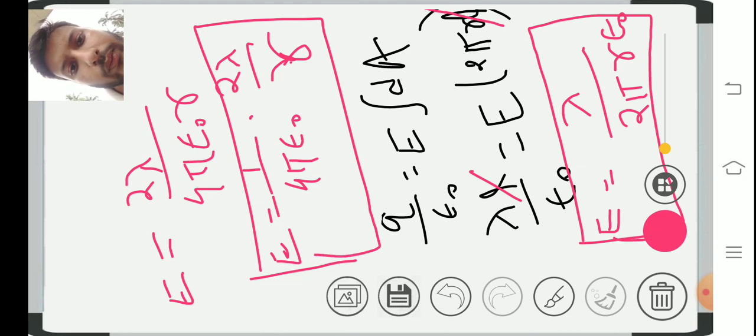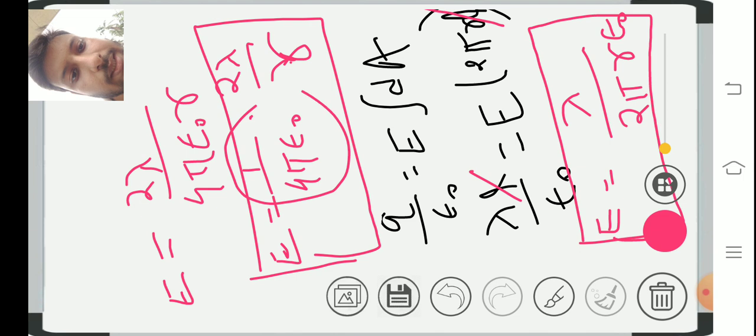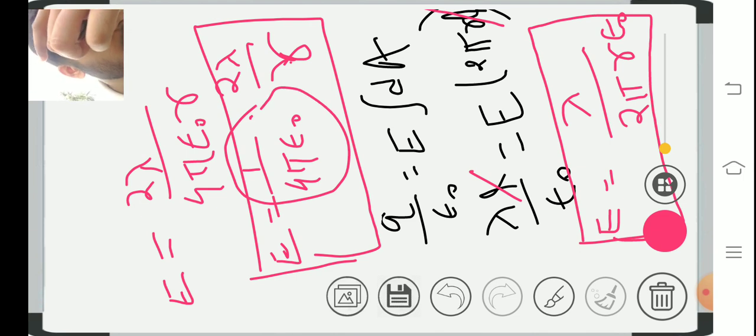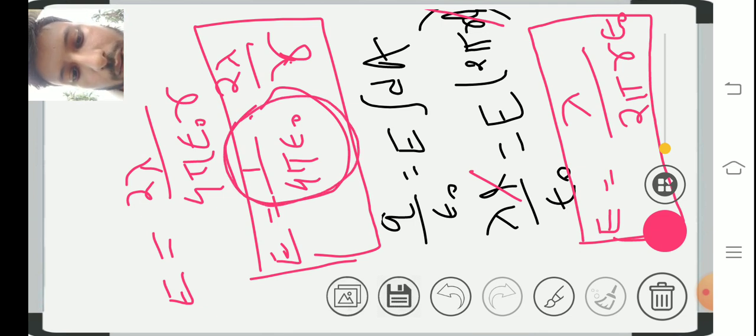Why had we multiplied 2 on both numerator and denominator? Because we need this constant, because in electrostatics we had seen in Coulomb's law and in electric field intensity, this constant was common.